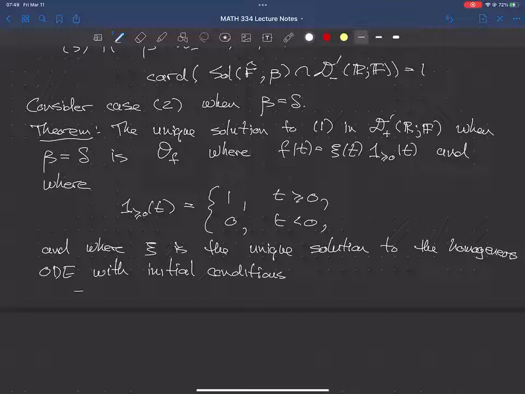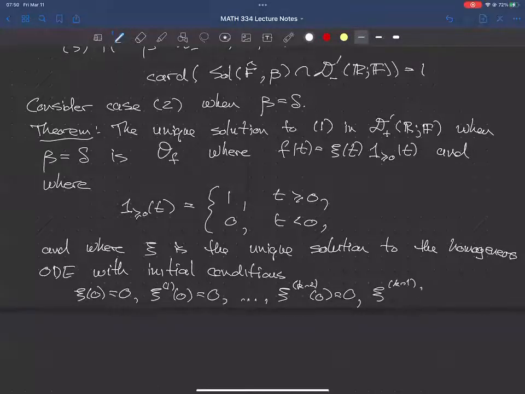The initial conditions are c of 0 is equal to 0, c1 of 0 is equal to 0, and then all the way up to c to the k minus 2 of 0 is equal to 0, and then the last one, the highest order initial condition, is the k minus first derivative at 0 is equal to 1.